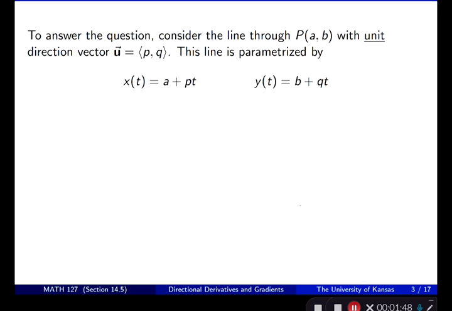So let's see, what's the equation of a line? If you have a point P and a direction u, then the equation of the line is P plus t times u. So x equals a plus pt, and y equals b plus qt.